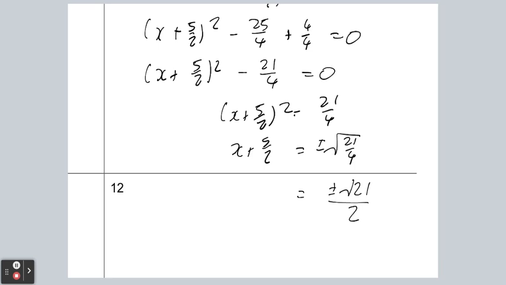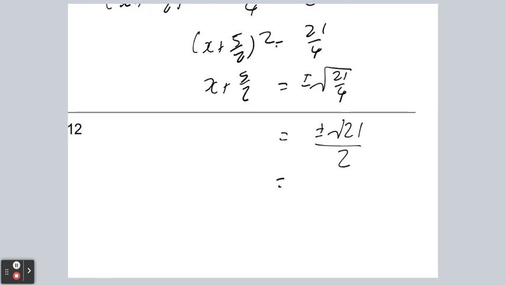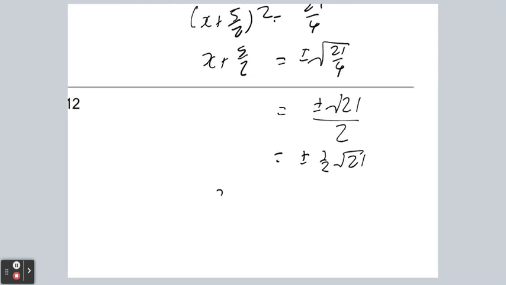Yeah? Or if you like, plus or minus a half root 21, because the bottom number, square root of 4, is 2, which means that x is equal to the glorious number of 5 on 2 plus or minus a half root 21.